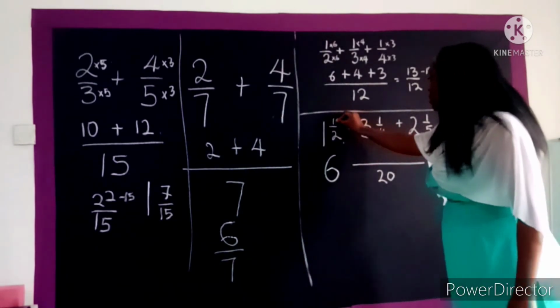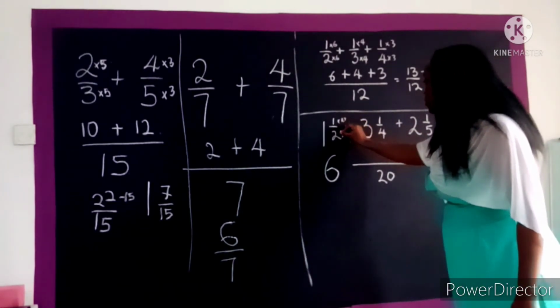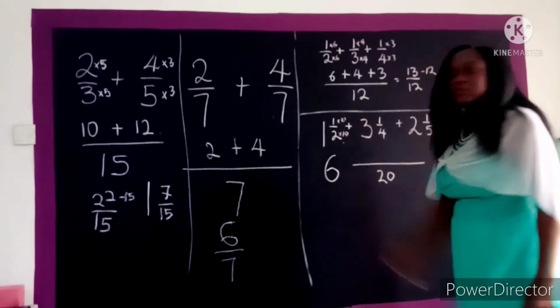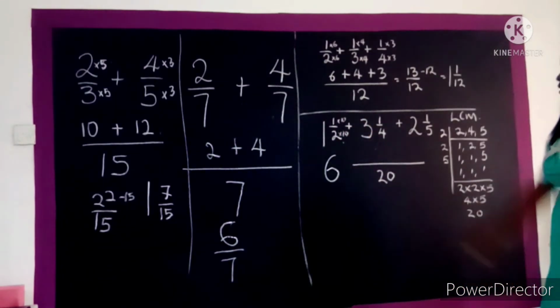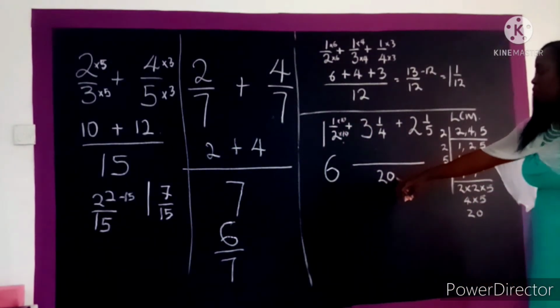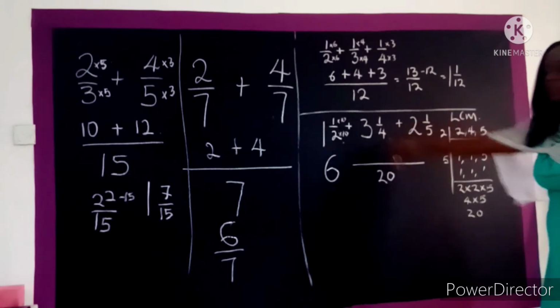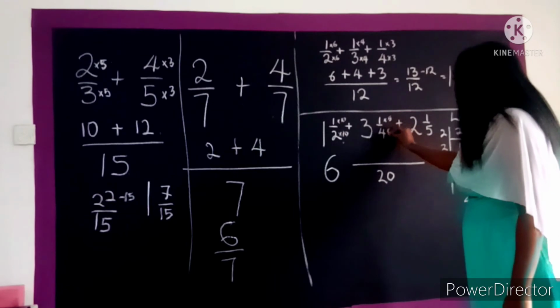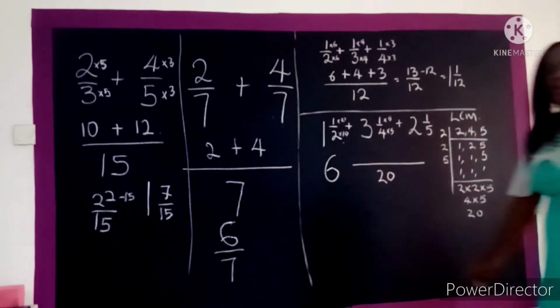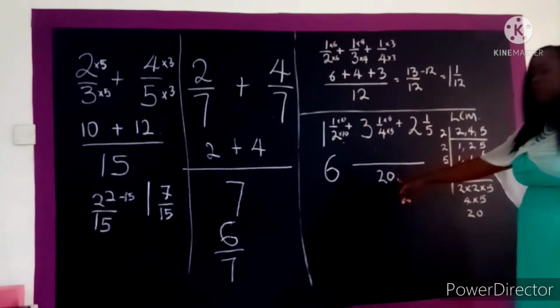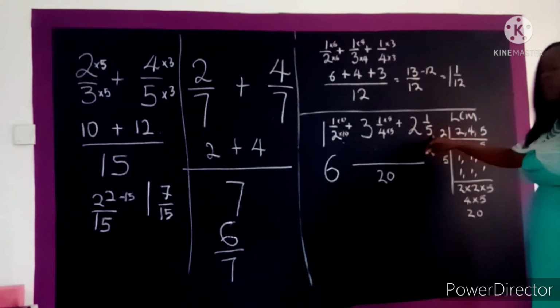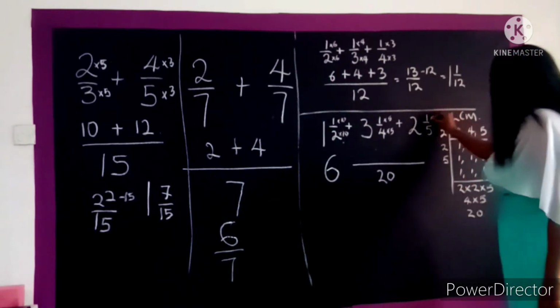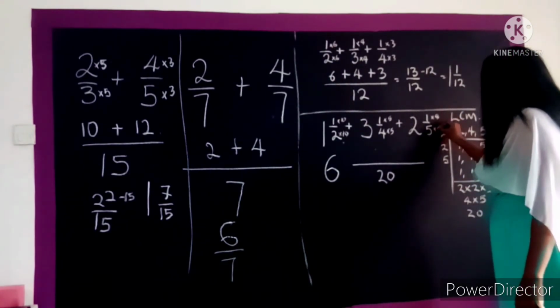So what factor will I multiply with 2 to give me 20? That will be 10. So I'm multiplying the numerator and the denominator by 10. What factor will I multiply by 4 to give me 20? That is 5. 5 times 5. Okay? What factor will I multiply by 5 to give me 20? That is 4.